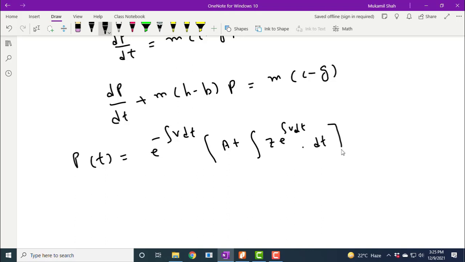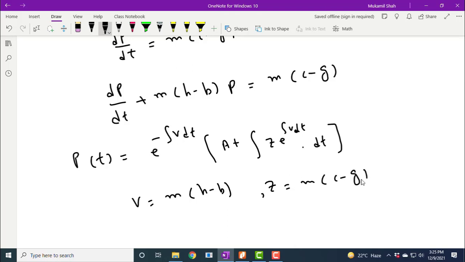So this is the formula for linear differential equation, and clearly we can see that in our case v is equal to M times H minus B, and z is equal to M times C minus G.